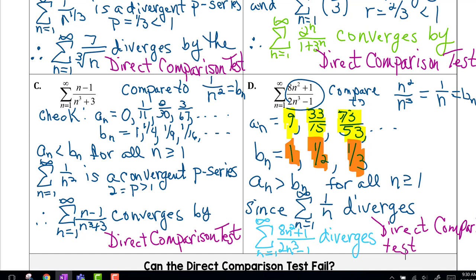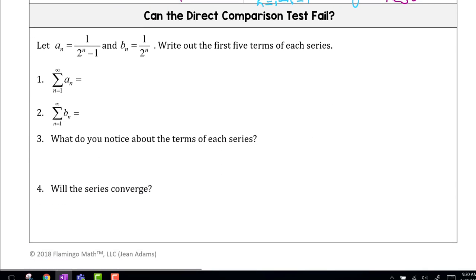All right. The problem is, though, and this is one reason why we have so many tests, is it possible for these tests to fail? So here's an example where it does fail. Let's go ahead and write out the terms for both our a sub n and our b sub n. For a sub n, we have 1, and then we're going to add to that 1/3, and then 1/7, and then 1/15, and then the fifth term is 1/31, and so on and so forth.